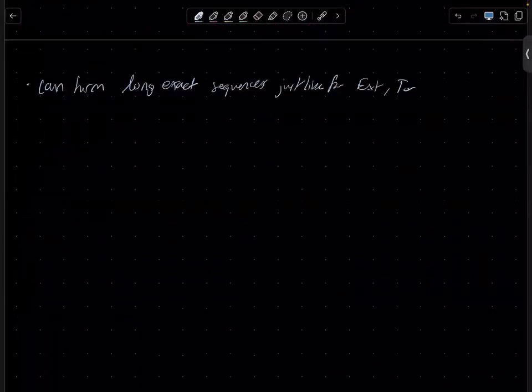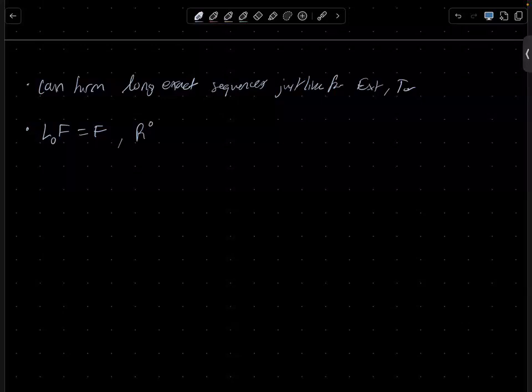I won't write them down; you can imagine what they look like. Instead of Ext and Tor, you just write L sub i F or R upper i F in place of those. And L sub 0 F is just F, and R upper 0 F agrees with F when F is left exact.